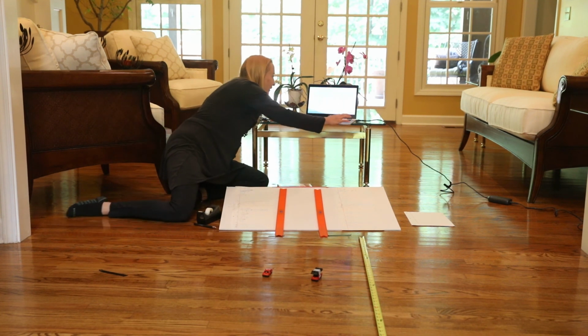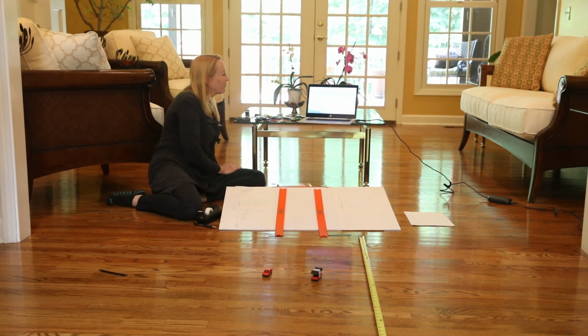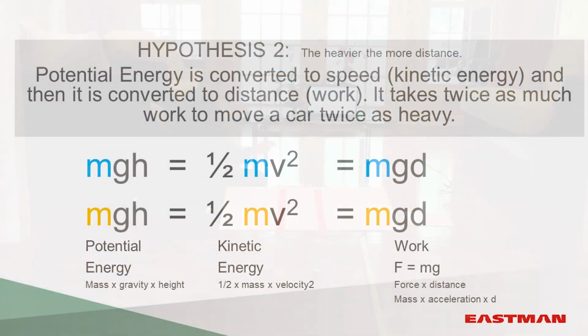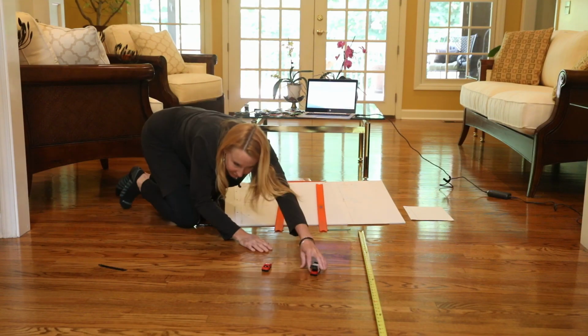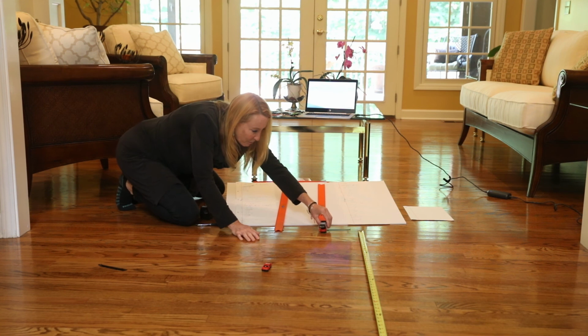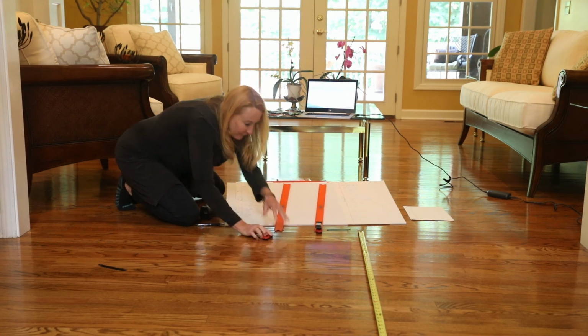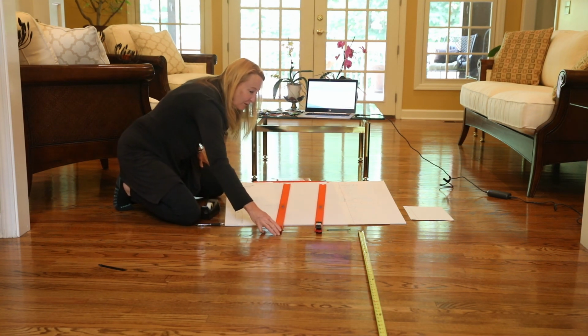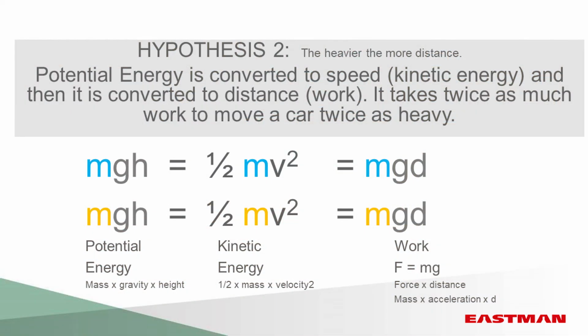So this is where, again, it depends on the age group of who you're working with. But in this case, only the mass was different. So the potential energy, which is height, right? Don't forget potential energy is height, equaled the kinetic energy, which is the speed. The height converts entirely to the speed at the bottom of the ramp. But the distance it went also depends on the work that was done, which depends on the mass.